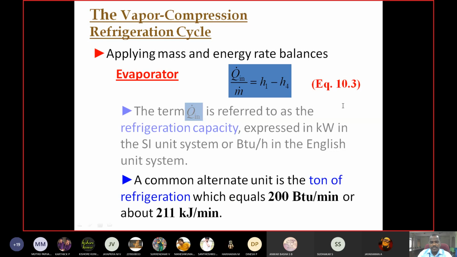A common alternate unit is the ton of refrigeration, which we discussed in the previous slides, which equals 200 BTU per minute, or about 211 kilojoules per minute. If you want any unit conversion, we can use this. The thing is, Q in will be in kilowatts or maybe in tons of refrigeration.